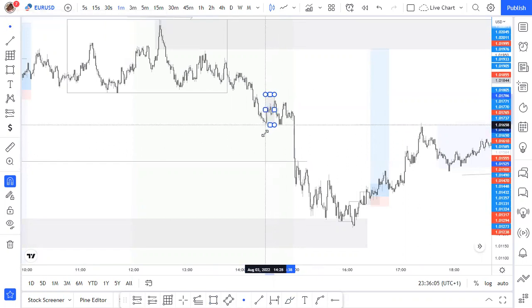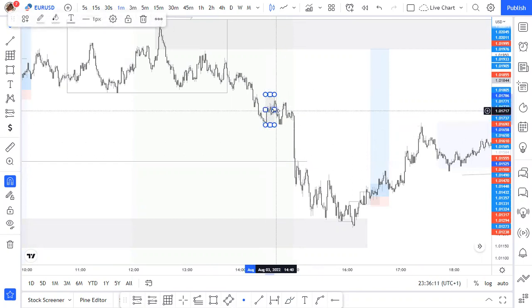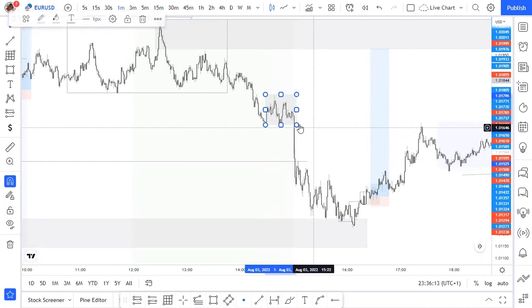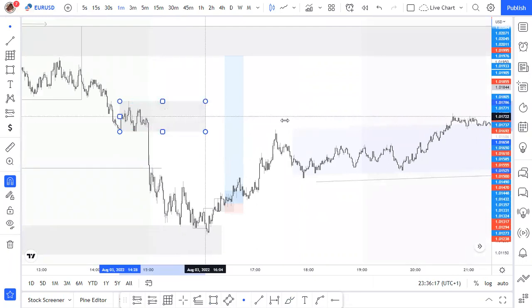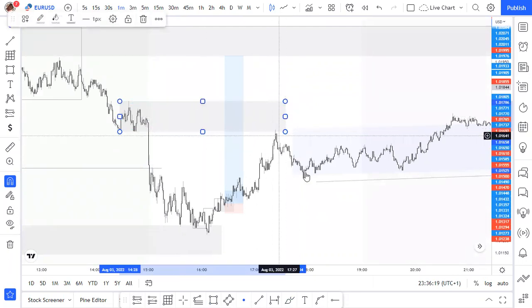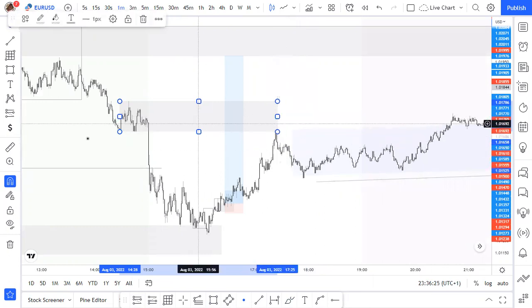Price could just tap into the zone, respect it and continue going down. I partialed the majority of the trade here, and we had this huge reaction to it. So yeah, partial most of the trade and then just let the rest run.